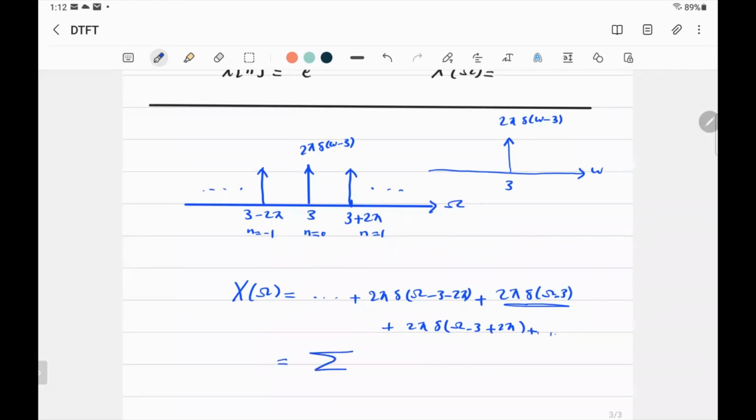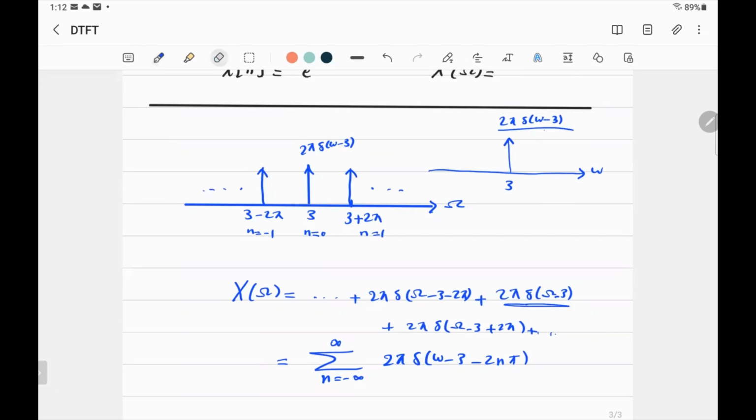So I say the summation n equal negative infinity to infinity, 2 pi delta omega, then the original one, minus 2 pi n. Of course, instead of n you can write k, l, m, whatever you put there. It's very easy. Since it's one signal, one pulse, I'll take the same thing and say minus 2 pi k.